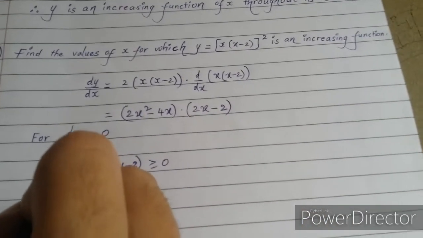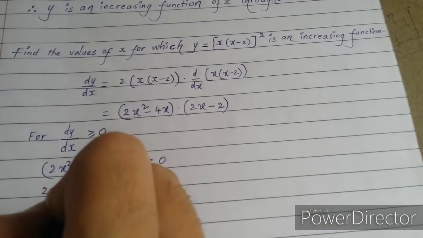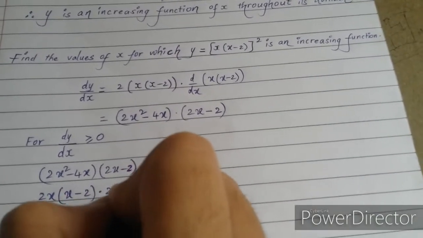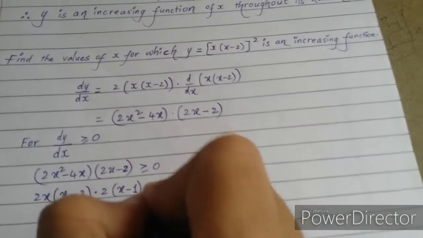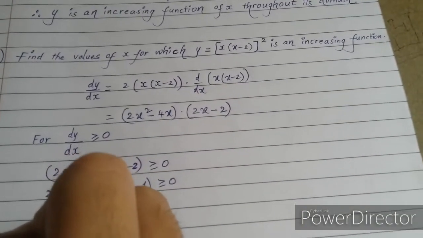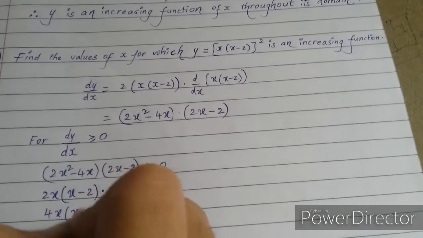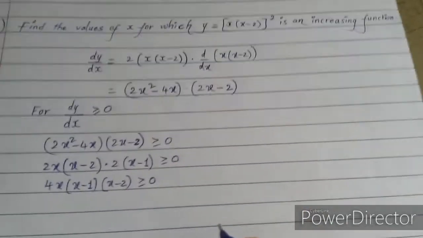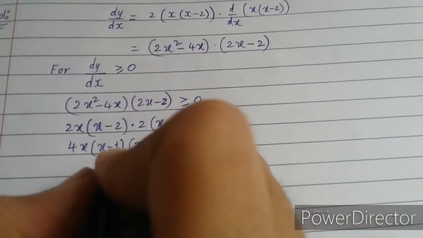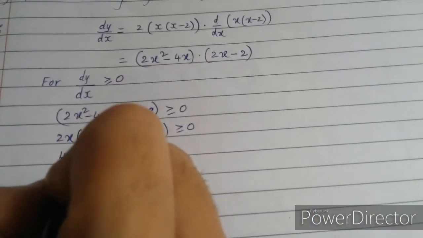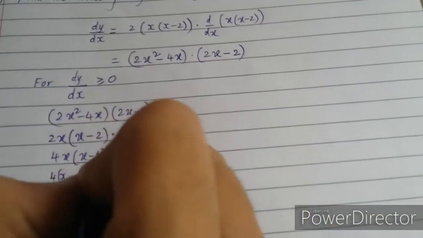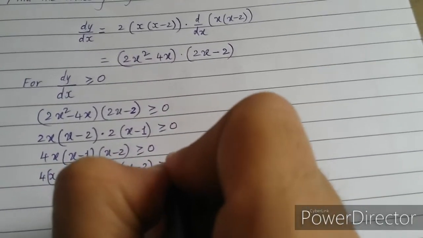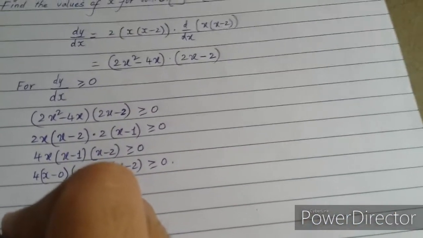So here 2x common, x minus 2 into 2 common, x minus 1 greater than or equal to 0. 4x into x minus 1 into x minus 2 greater than or equal to 0. This means 4 into x minus 0, x minus 1, x minus 2 greater than or equal to 0.